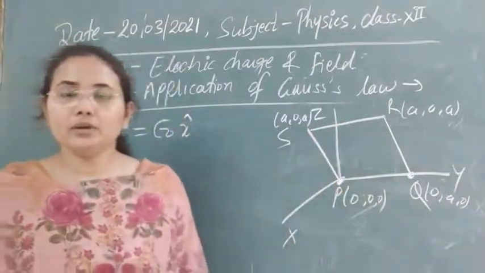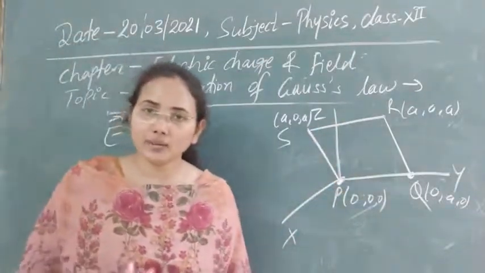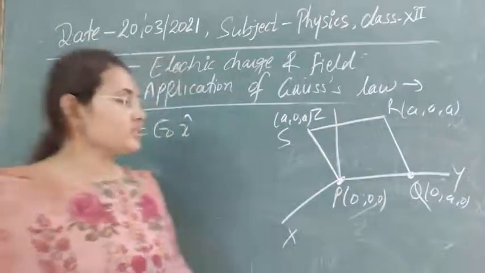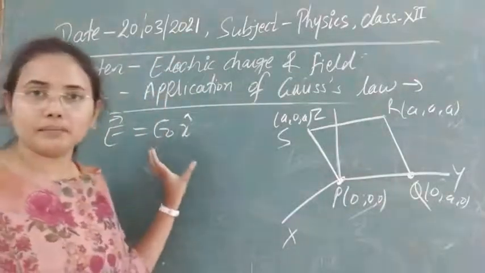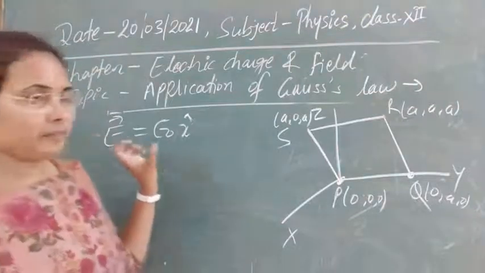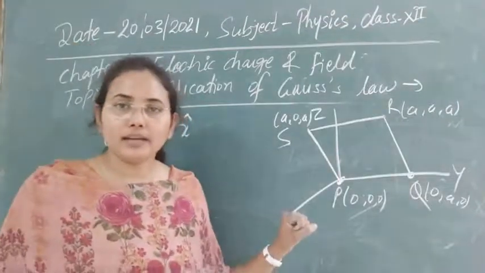So first of all, the problem is how to calculate the area vector here, as we already have the given vector, that is the electric field. So let's calculate the area vector.